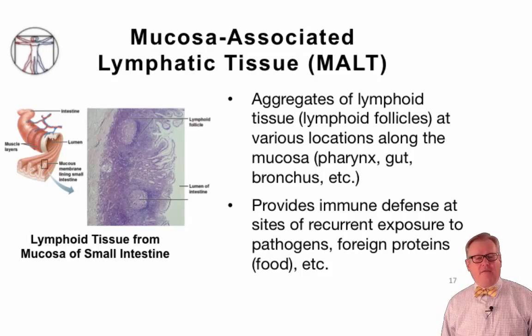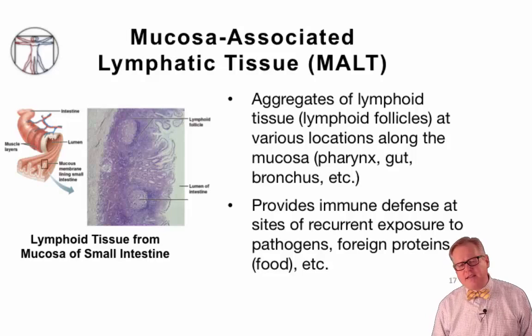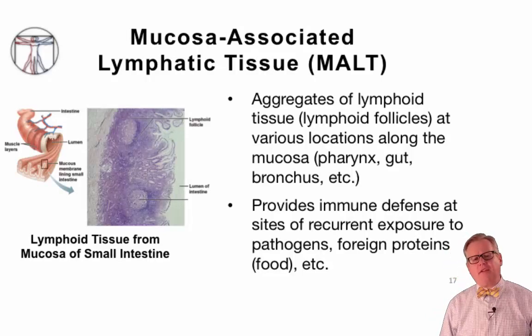These are located at various places along the gut, in the pharynx and in the bronchi. And these, again, allow the immune cells to have access to any antigens that we may breathe in or consume. And it provides immune defenses at sites of recurrent exposure to pathogens and foreign proteins, such as food, bacteria, and bacterial products.